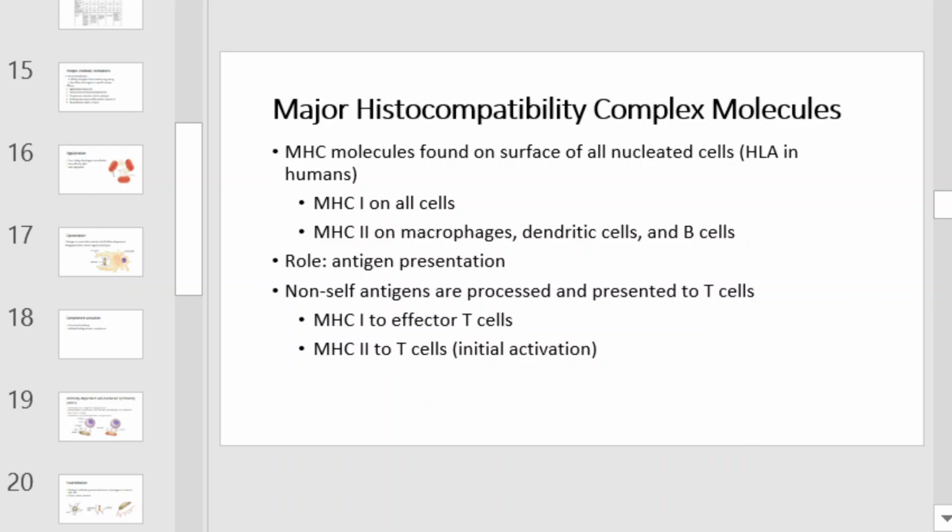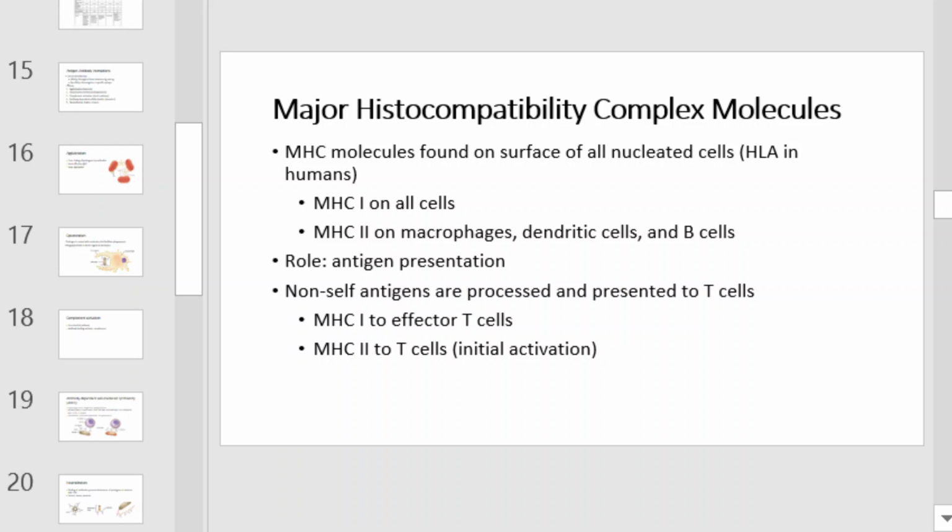Major histocompatibility complex molecules, or MHCs. MHC molecules are found on the surface of all nucleated cells. MHC I is found on all cells, while MHC II is found on macrophages, dendritic cells, and B cells.